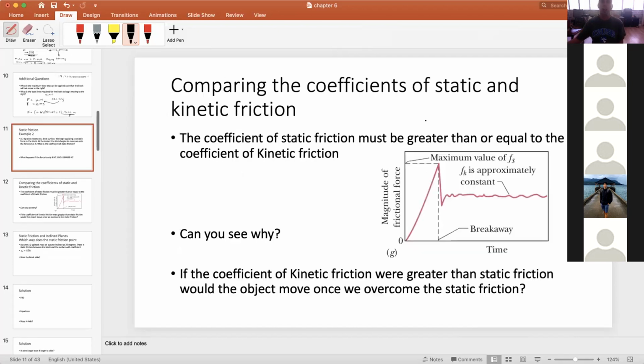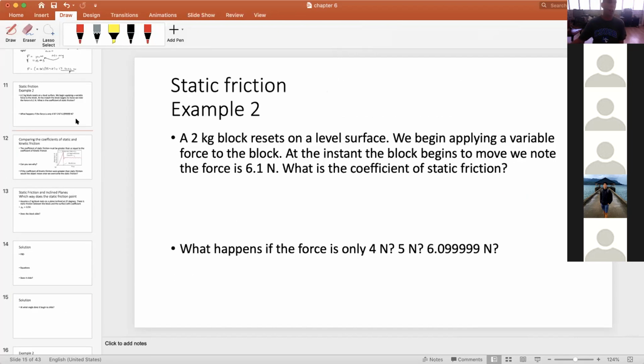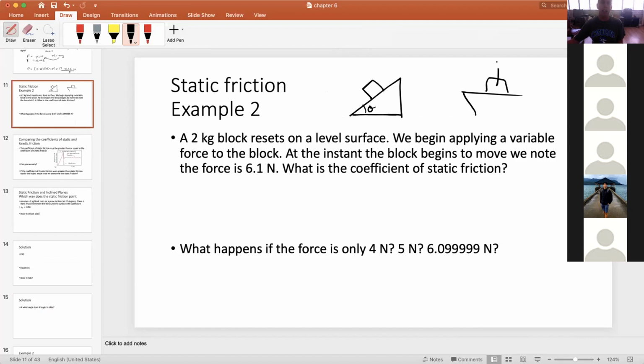So here, let's put it on an incline. Now, when we do it on the incline, we go back to this: the normal weight in the y was mg cos theta, and we're assuming that the weight in the x is down, so mg sine theta, as we've done for all of these.